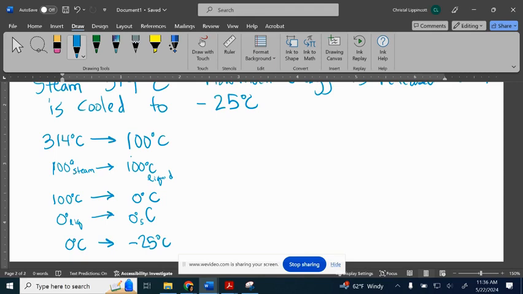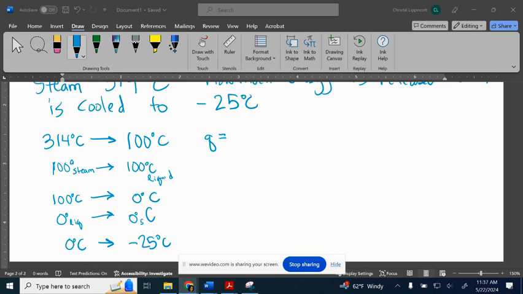So step 1, we are going to use our Q equals, and I've got to look up the specific heat for steam, for water vapor.